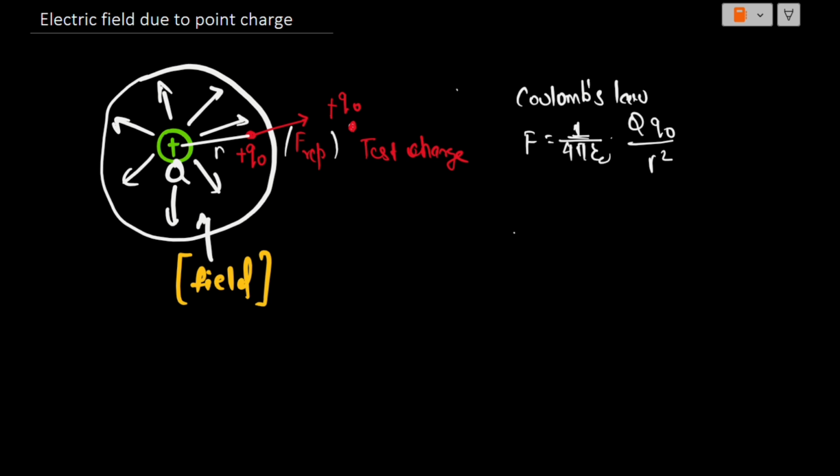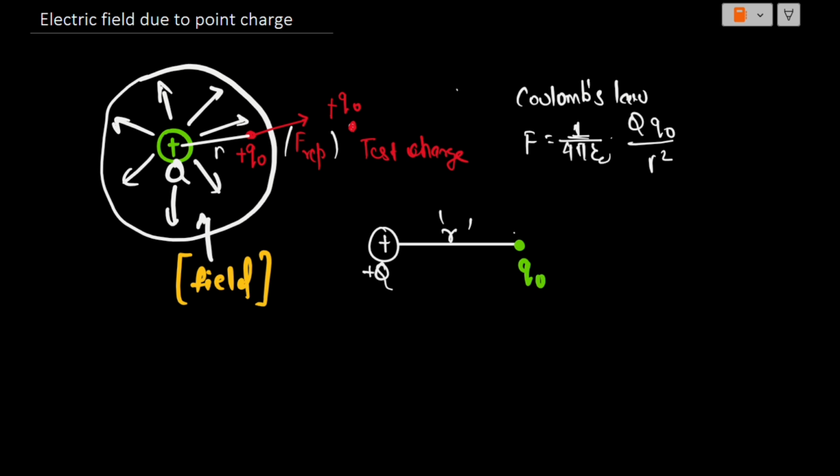Let me take some rough work. This is the positive charge with charge Q, and from here to here there is another test charge that we are using, Q naught, and the distance between these two charges is r, obviously. This positive charge has an electric field at this point.